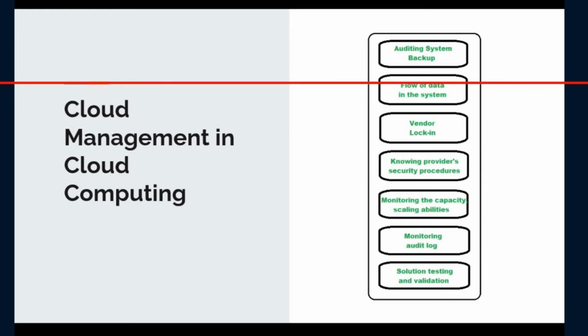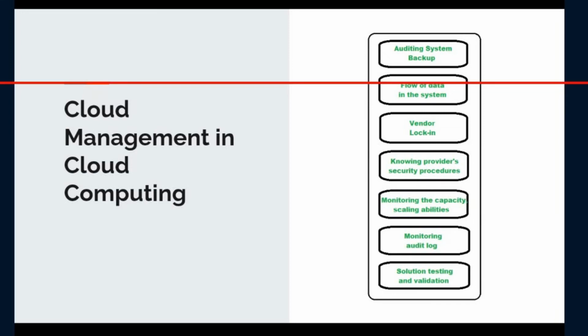The managers are responsible for designing a data flow diagram that shows how the data is supposed to flow through the organization. Vendor lock-in. The managers should know how to move their data from one server to another in case the organization decides to switch providers.